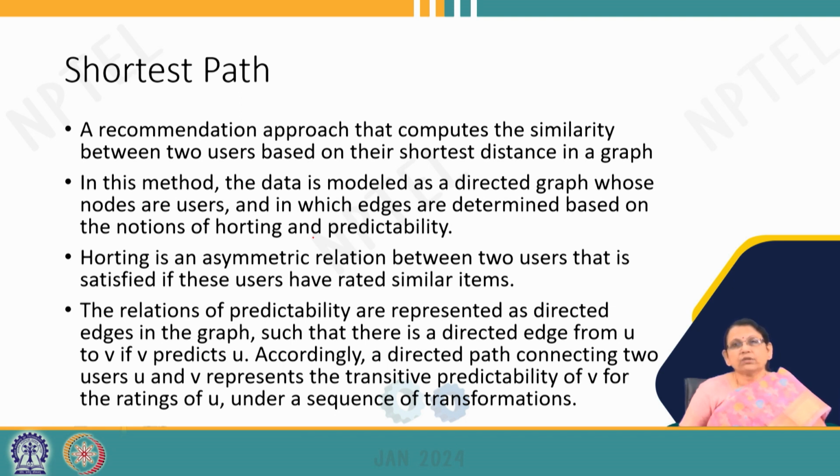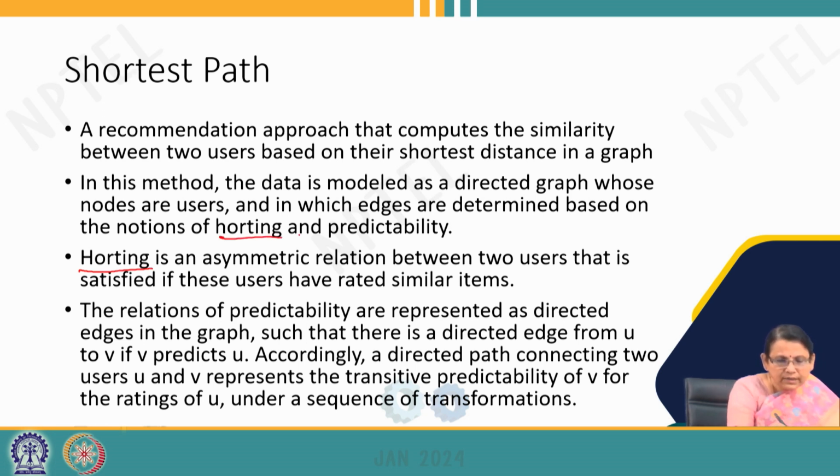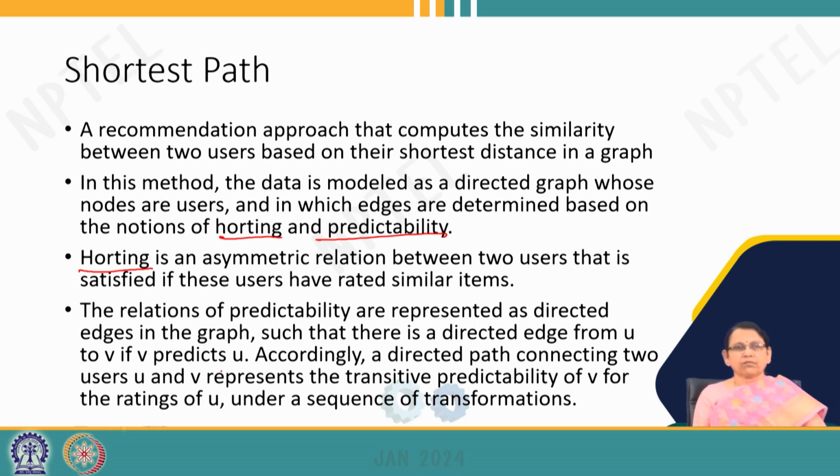This user graph is a kind of implicit network among the users. Now, when you construct this user graph, two things we have to keep in mind: hoarding and predictability. These are the two notions used while constructing this user graph.